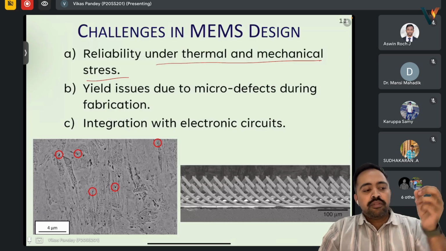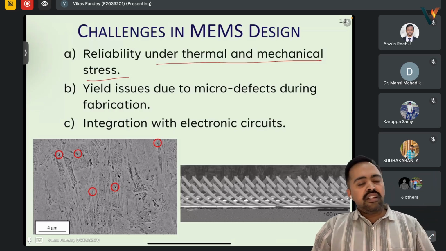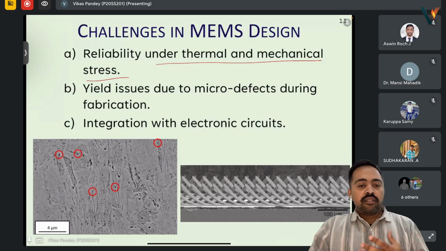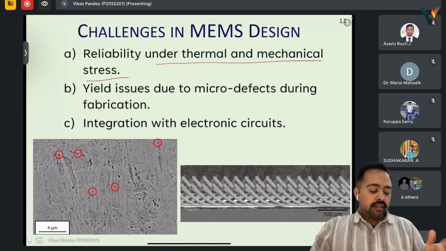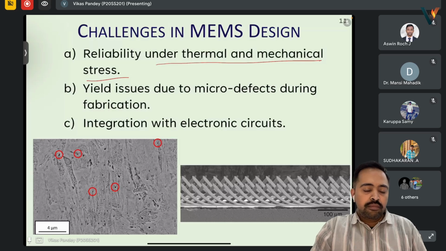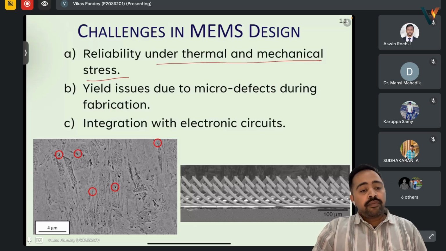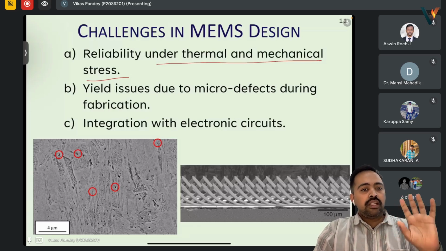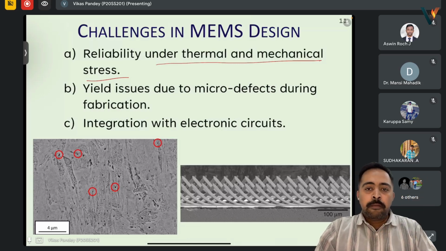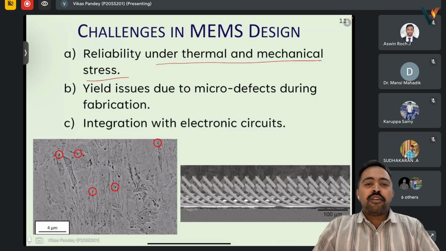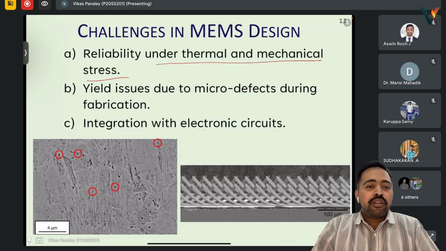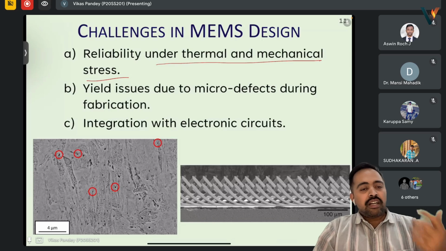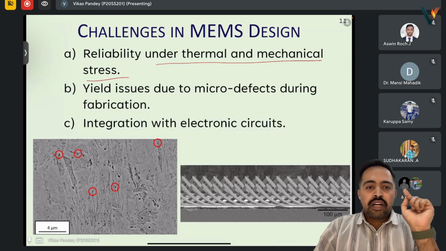Many a times, your phone might fall 2-3 times, and after that, although physically it looks perfectly fine, some of its components are not working. Say the accelerometer is not working, the gyroscope is not working, the camera might not be working. These are very sensitive.